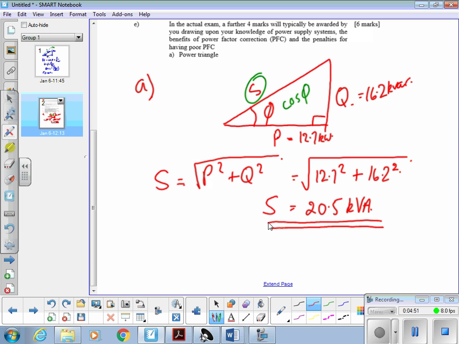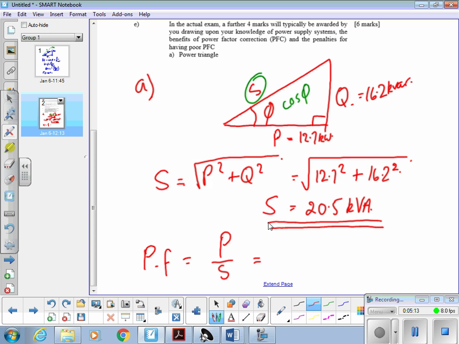Okay? So power factor is P over S. You might put in there as equal to cos of the angle, which is also equal to P over S. Doesn't matter really.